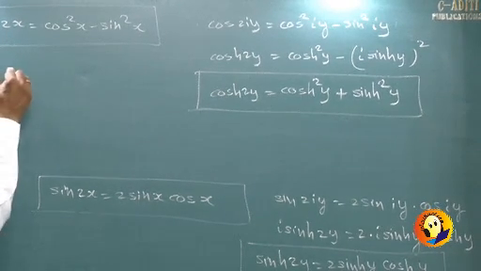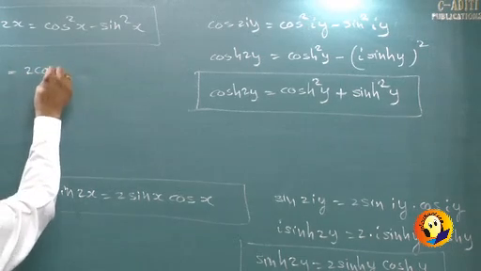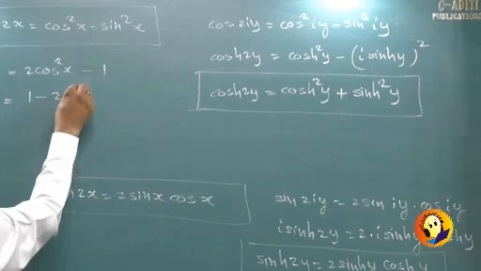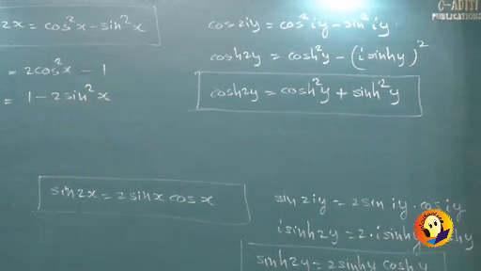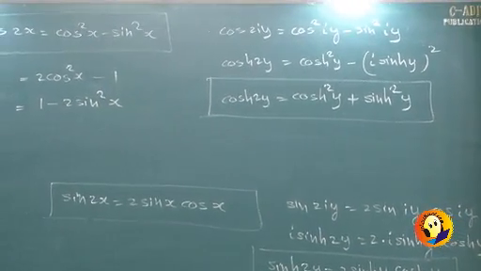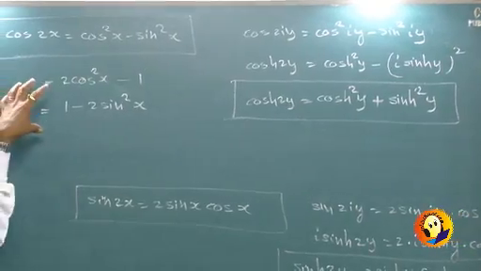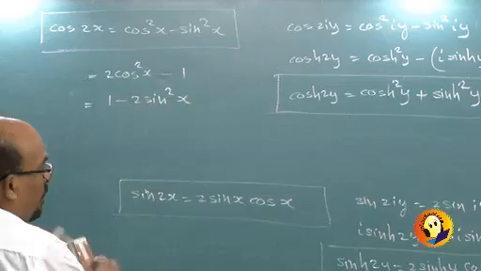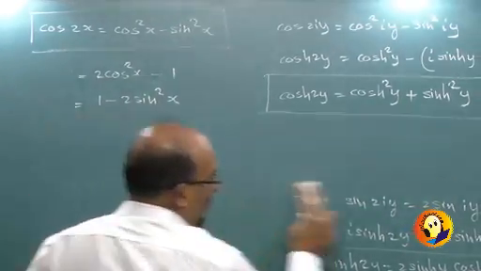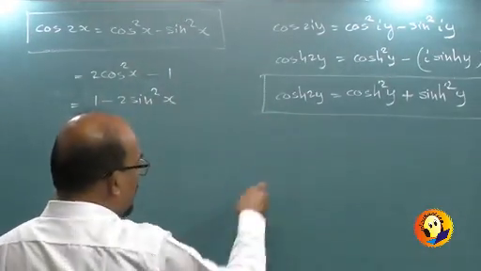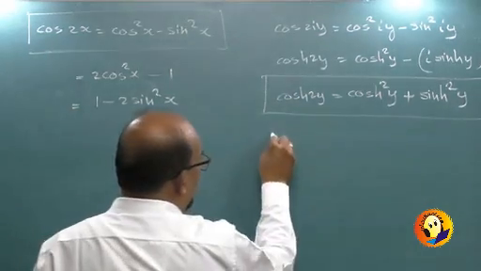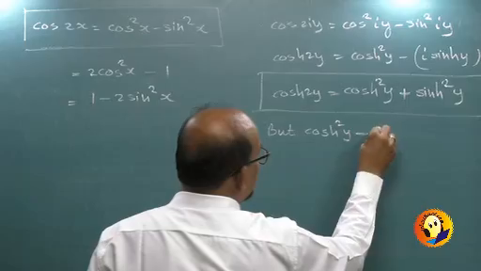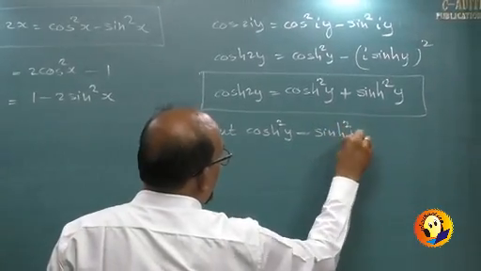Here we have the other formulas as 2 cos square x minus 1 and 1 minus 2 sin square x, right? I won't substitute into this, but instead remember that we have the basic formula with which I will calculate. We know that cosh square y minus sinh square y is 1.